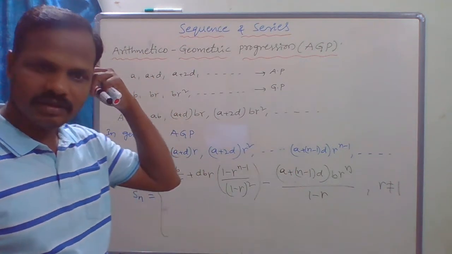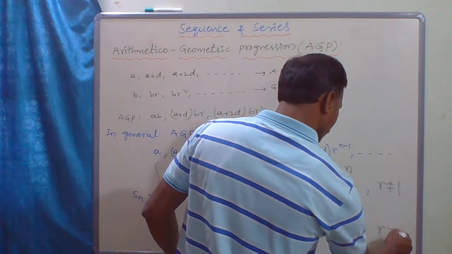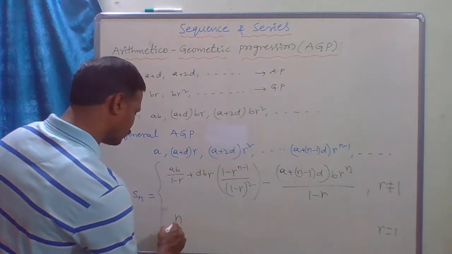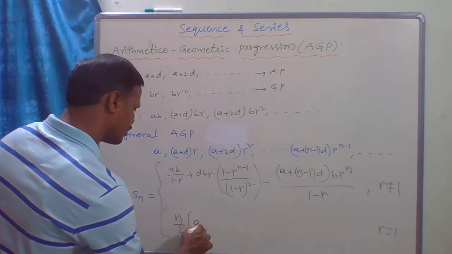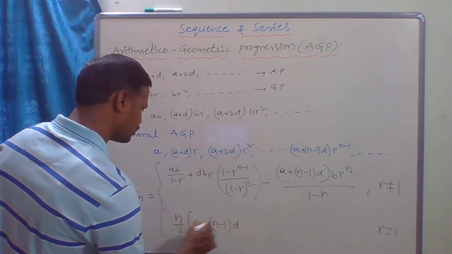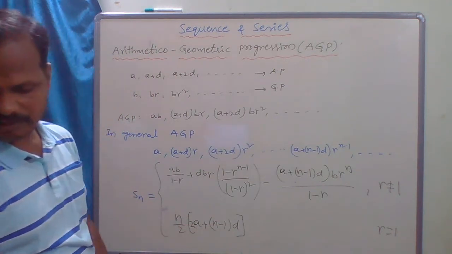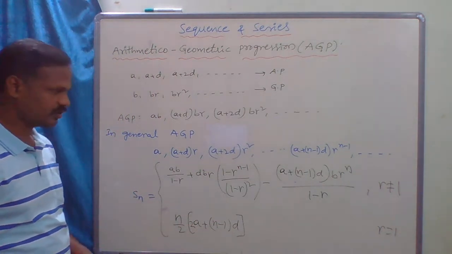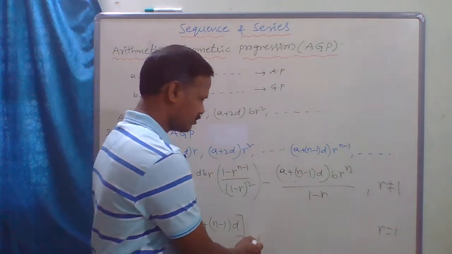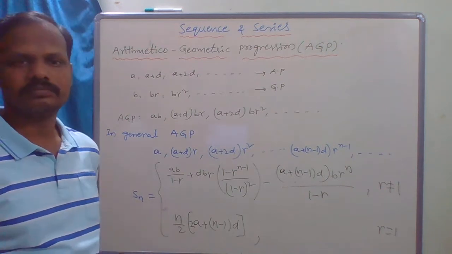Now if r equals 1, what happens? Then the sum is n by 2 into 2a plus n minus 1 into d. Clear?